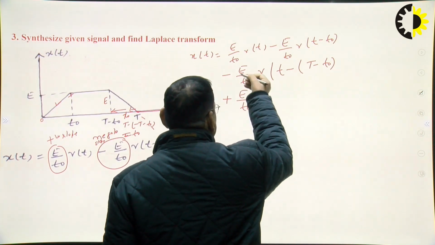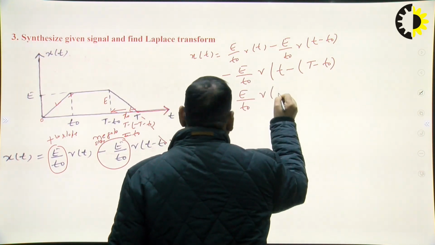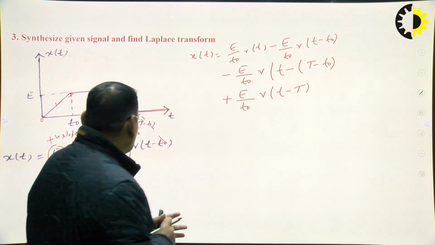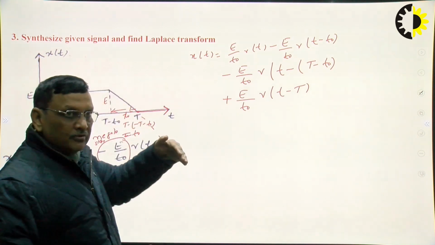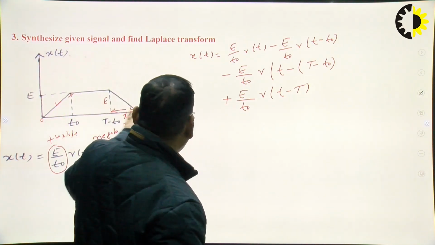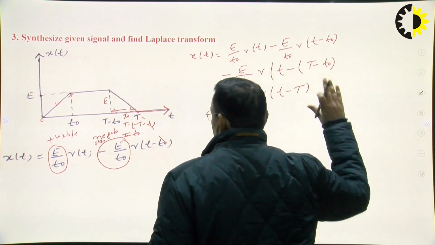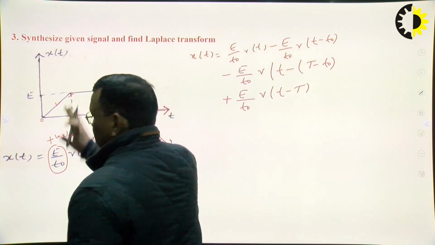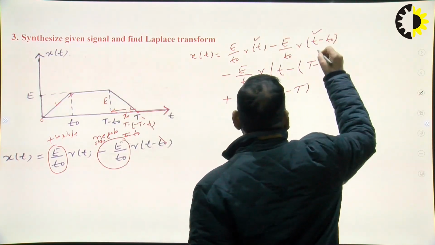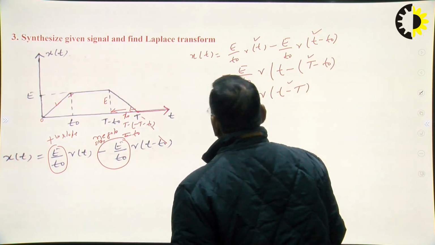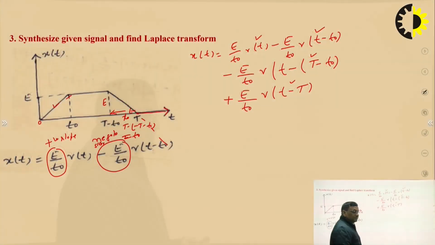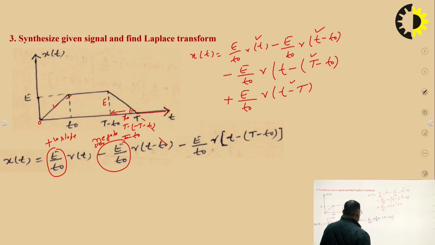If we add this slope, the slope becomes 0, at t minus T. At t equal to capital T, we are adding a shifted ramp with positive slope, so the line becomes 0. So this is the final equation of this waveshape, which is a combination of a ramp and shifted ramps. This waveshape can be written in terms of shifted ramps. This is the final equation.